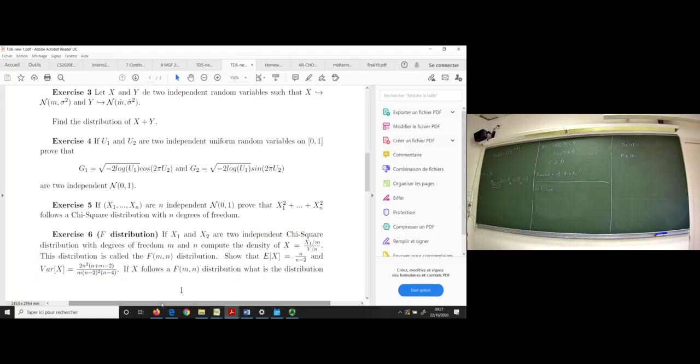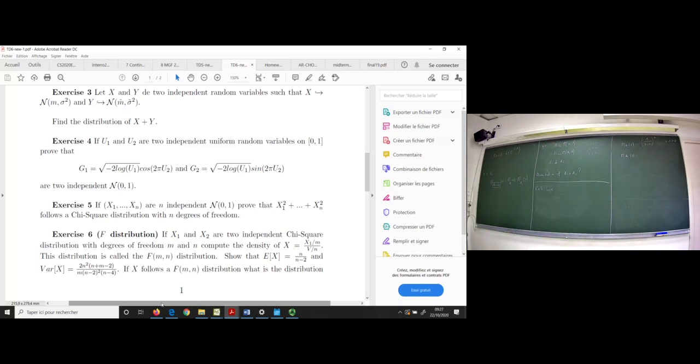In my example, it's the one of gamma. So it's lambda over lambda minus t to the power a. And I need to impose a condition on t in order to make this quantity okay. I need that lambda minus t is strictly greater than 0, so t is strictly less than lambda.